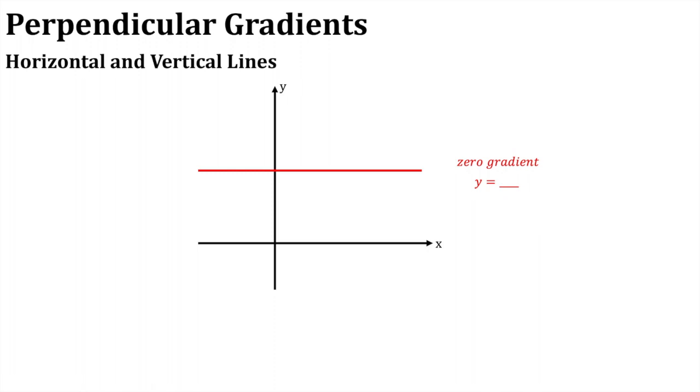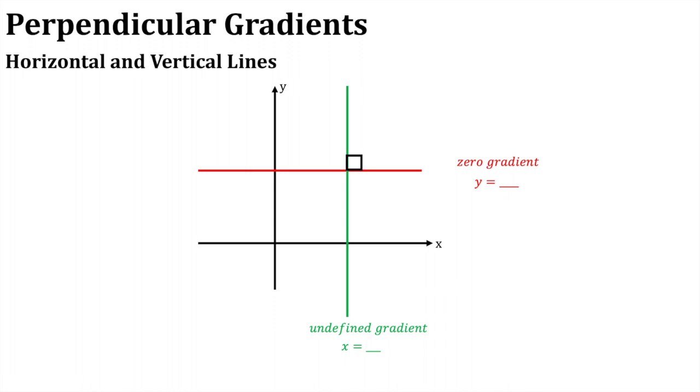But the line which is perpendicular to that, so the line that sits at right angles to that, is a vertical line. But vertical lines have an undefined gradient, their equation being x equals whatever point it's passing through on the x-axis.